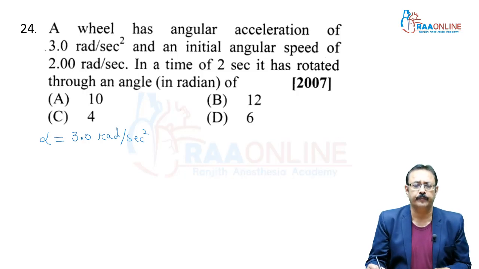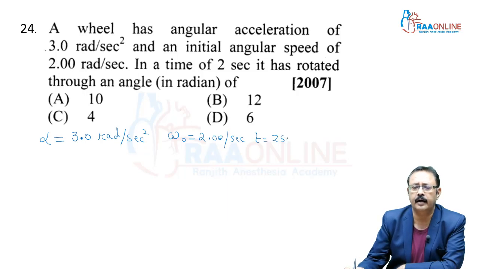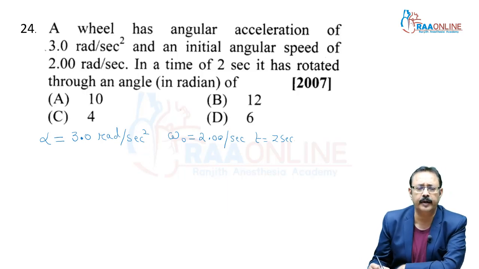Initial angular speed, it means omega naught, is 2 radian per second. Time is given, 2 seconds. All are in the same system. We want to calculate theta.